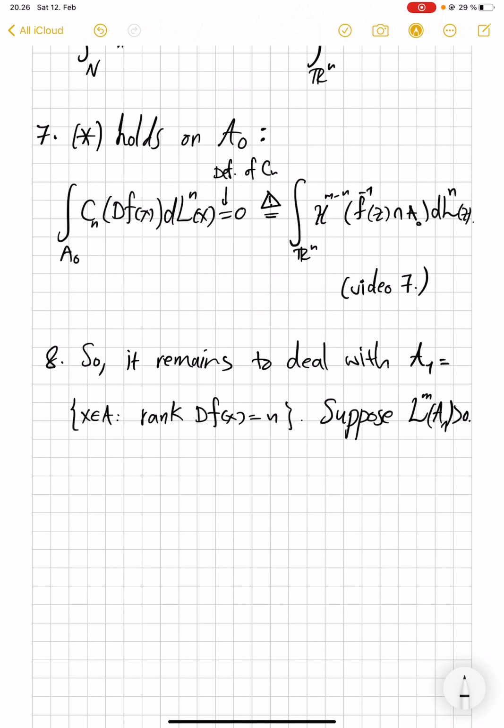What we had proven was a lemma which said that under these conditions, so A1 is a set of positive measure, and the rank of the derivative is equal to n on that set, then the claim was that there exists a subset K of A1 with positive measure.